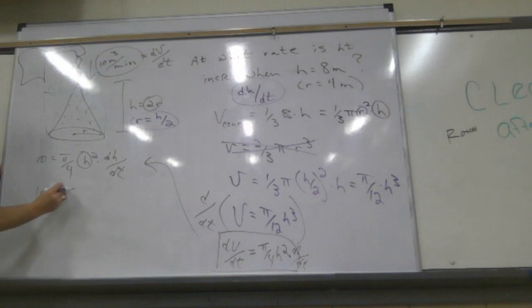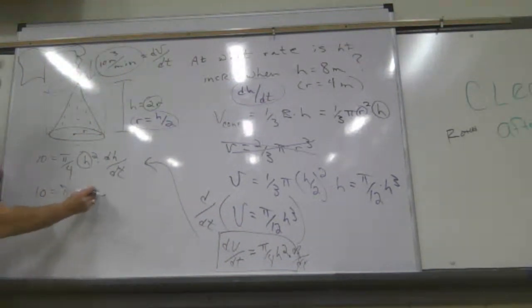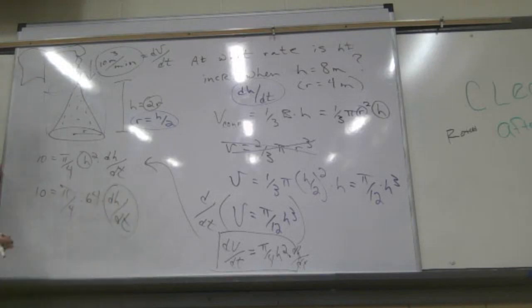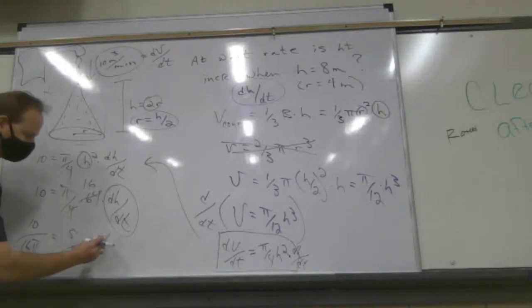And so I got 10 equals pi over 4 times h squared, which is 64, times dH/dt. Solve that for dH/dt. This is going to be 16 pi. It should be 10 over 16 pi, which is 5 over 8 pi, equals dH/dt for this specific example.